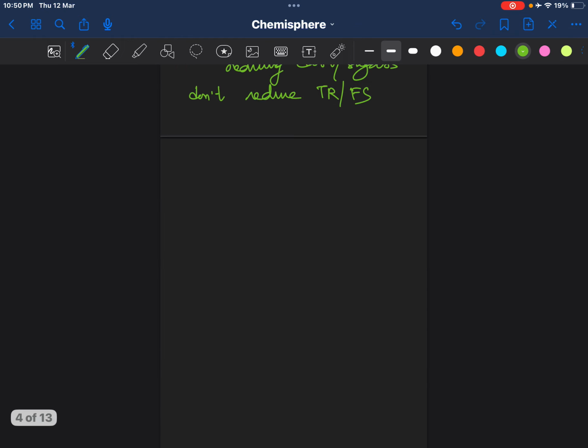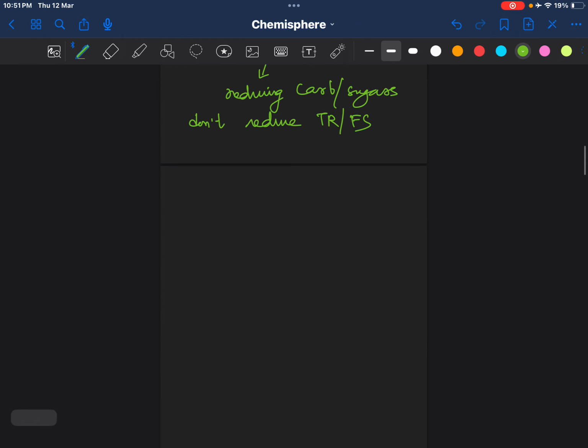Before we see the options, we should know that all the monosaccharides, for example glucose, fructose, galactose, are reducing. For disaccharides it depends. Disaccharides can be reducing as well as non-reducing. For example, sucrose is non-reducing.